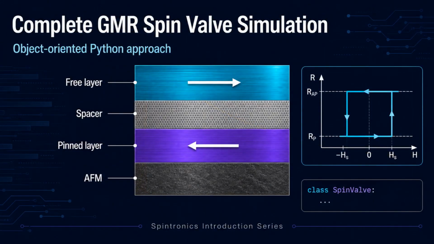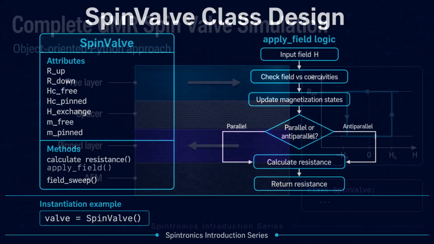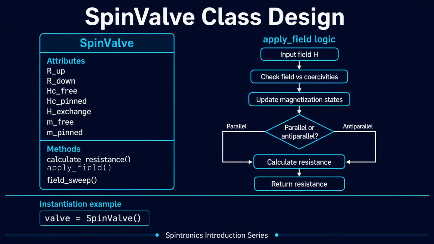Now we'll build a complete spin valve simulator using object-oriented Python. This will let us calculate GMR characteristics, including the field-dependent resistance switching. Our spin valve class encapsulates all the physics. Attributes include resistances for both spin channels, coercive fields for free and pinned layers, exchange bias, and current magnetization states.